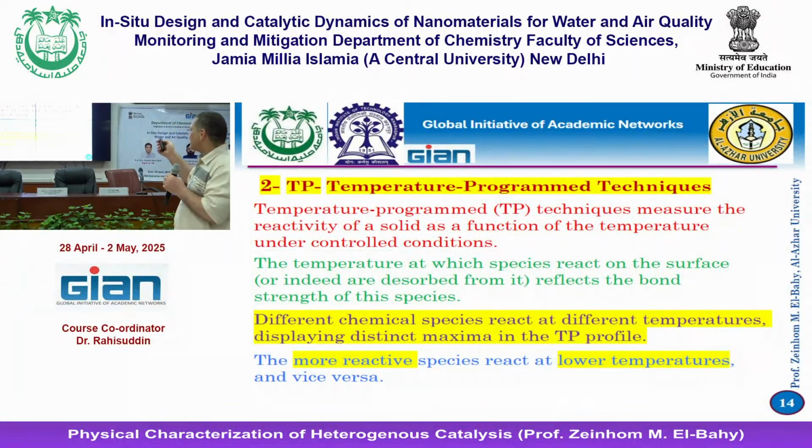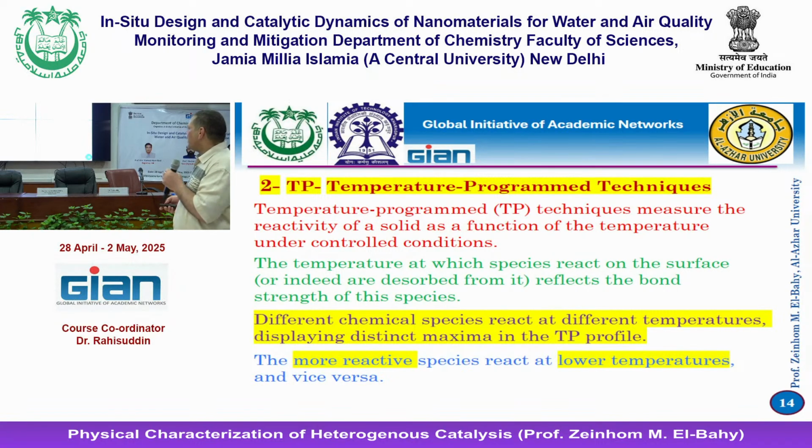Of course, we have different techniques from this TP, which are as I mentioned. If you change the adsorption, you will have different data from each and have more information. The more reactive species react at lower temperature, and vice versa. But if you make adsorption, and vice versa, if you make desorption, then the more reactive species will desorb at higher temperature.